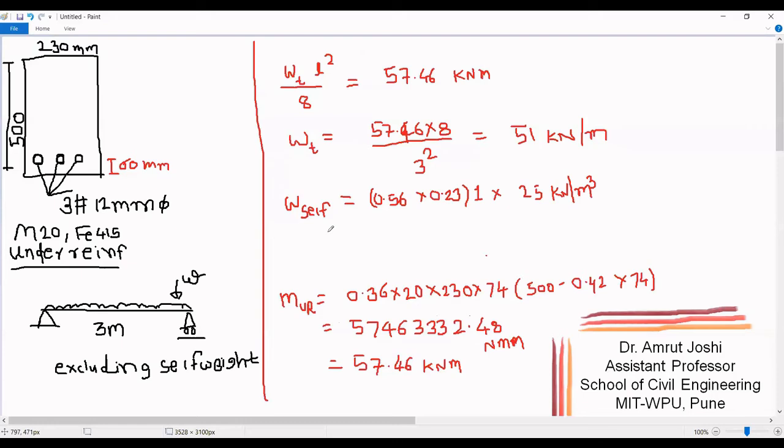So we have considered 1 meter run of the beam. So this turns out to be 0.56 into 0.23 into 25. So it turns out to be 3.22.